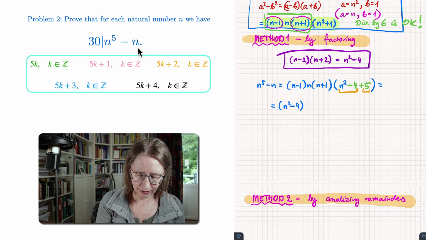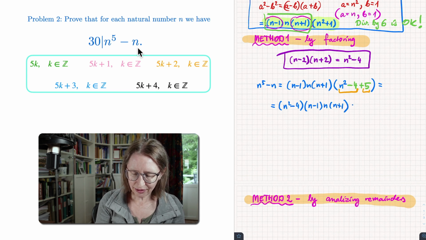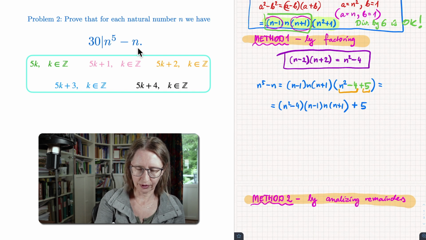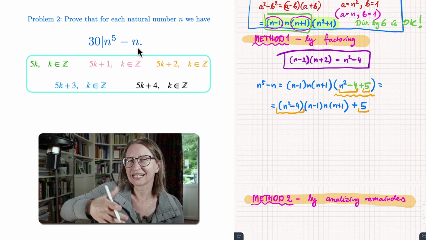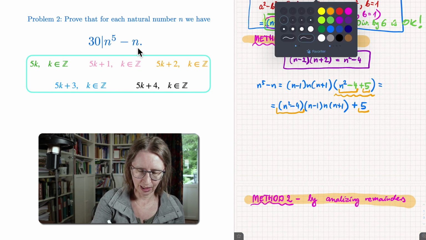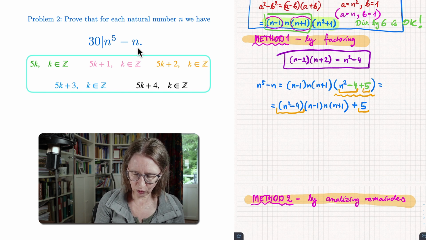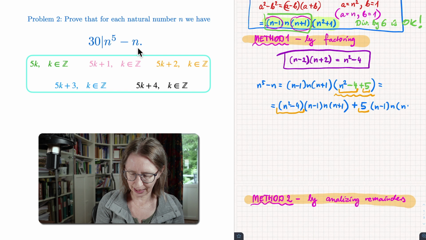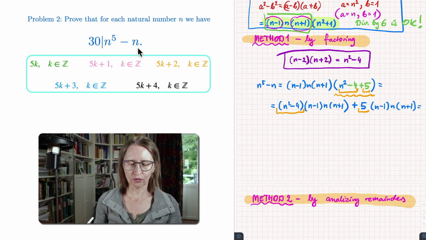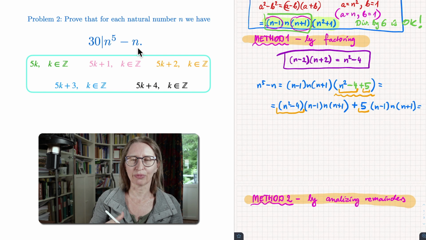So first, this one is multiplied by n minus 1, n plus 1, and then the second, so maybe I will mark it here with orange, that they are coming from this factor which I split, right? And this 5 must also be multiplied by n minus 1, n plus 1. So this is what my number n to the 5th minus n is equal to.